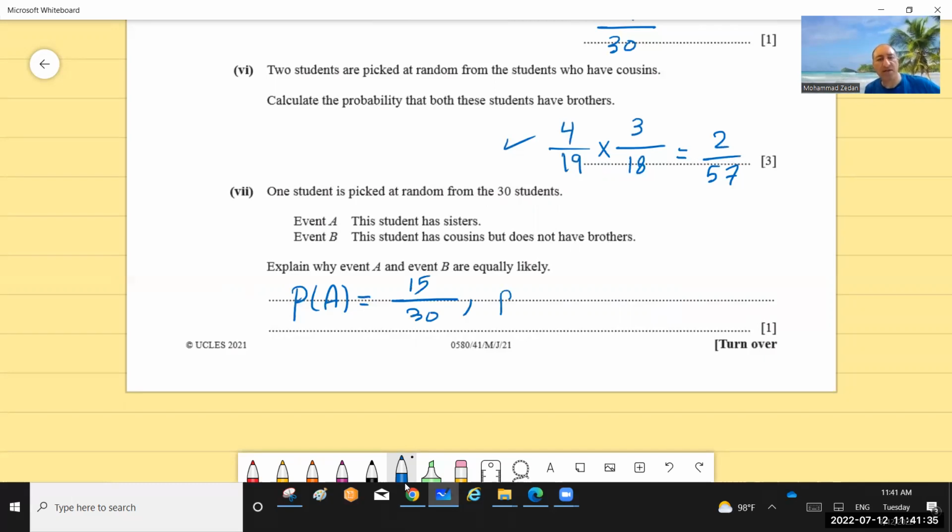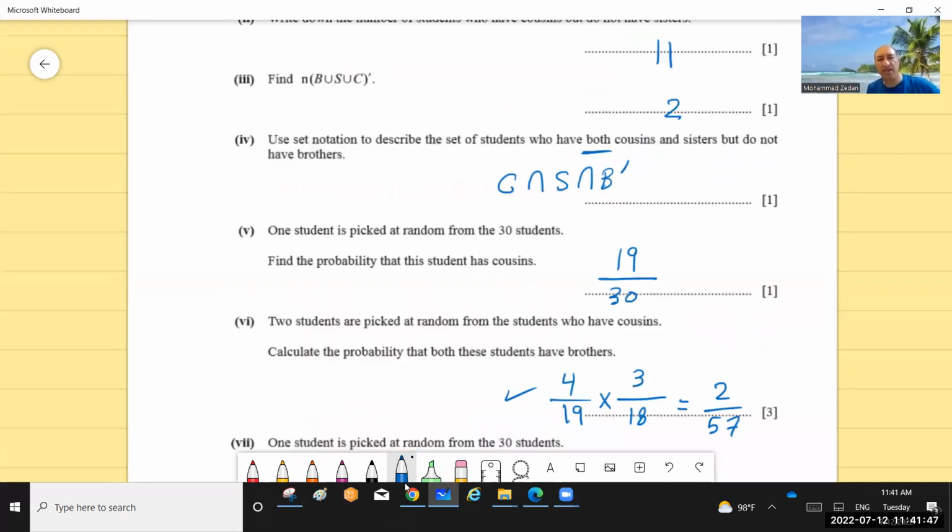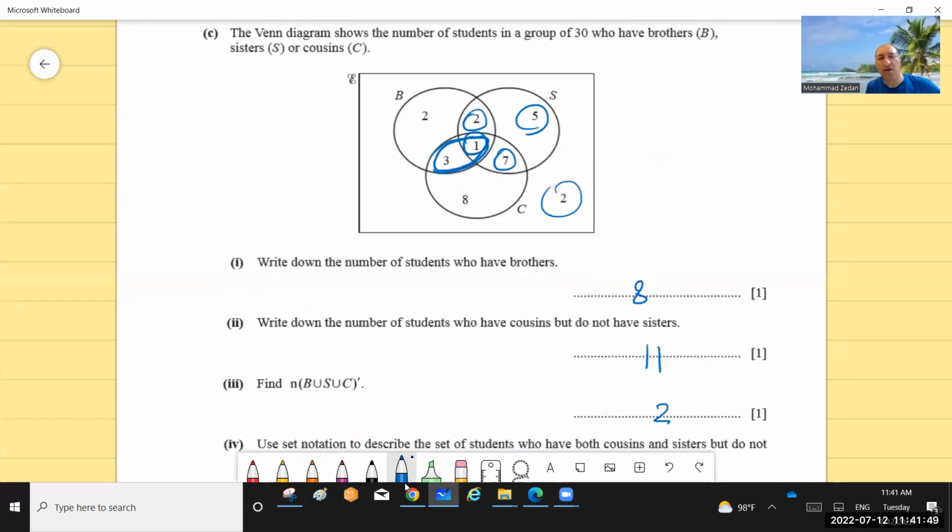And the probability of event B, this student has cousins but does not have brothers. Go to the set of cousins now and just remove the brothers. Again, this is the cousin set.